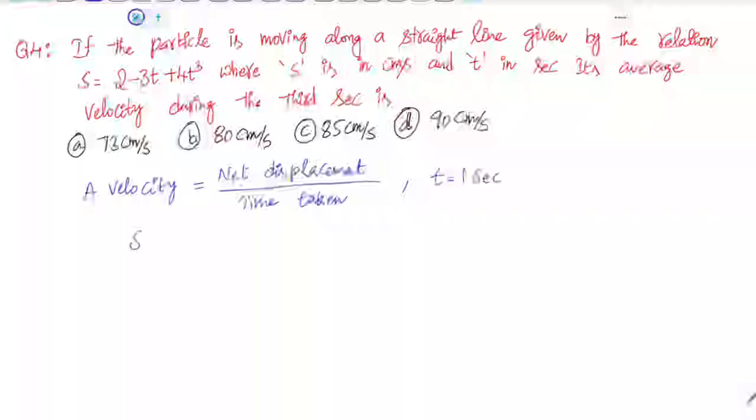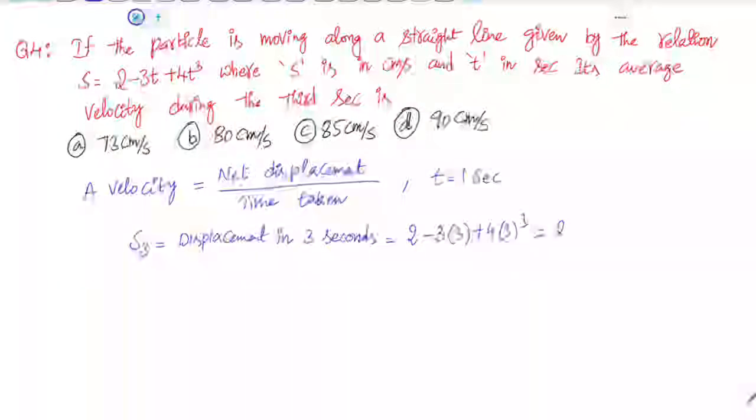Let me write S3. So S3 is nothing but the displacement in 3 seconds, not the third second. In order to find the displacement in 3 seconds, we need to substitute t as 3 in the given equation. It is 2 minus 3 into 3 plus 4 into 3 cube.